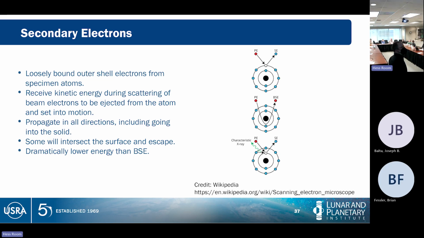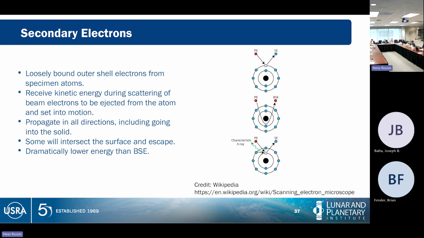For a secondary electron, a primary electron comes in and instead of zooming around the nucleus, hits the outer shell of electrons around an atom and knocks an electron loose. So the primary electron is the electron that comes in. The secondary electron gets energy from the electron coming in and gets launched off of it.